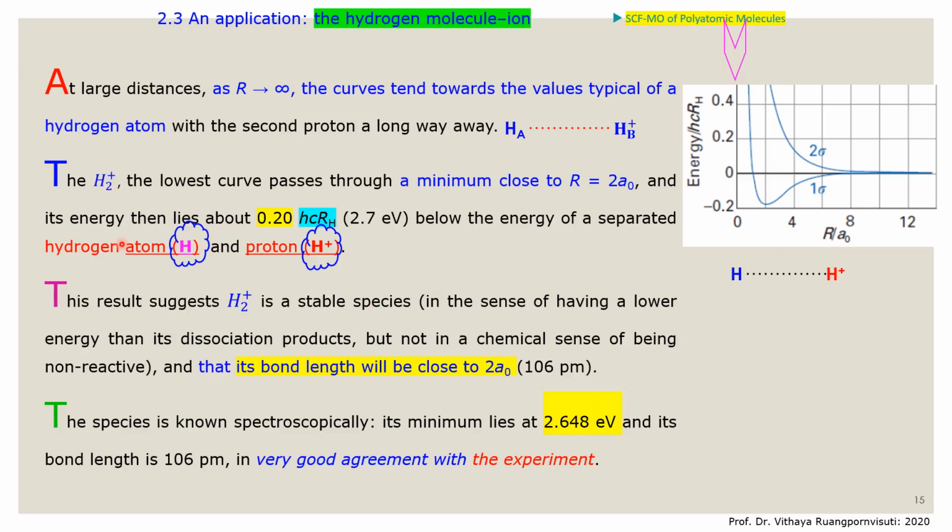The result suggests that the hydrogen molecule ion is a stable species in the sense of having a lower energy than its dissociation products, but not in the chemical sense of being non-reactive, and that its bond length will be close to 2 a0.